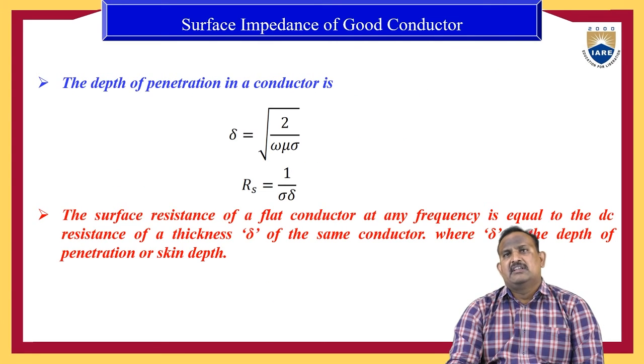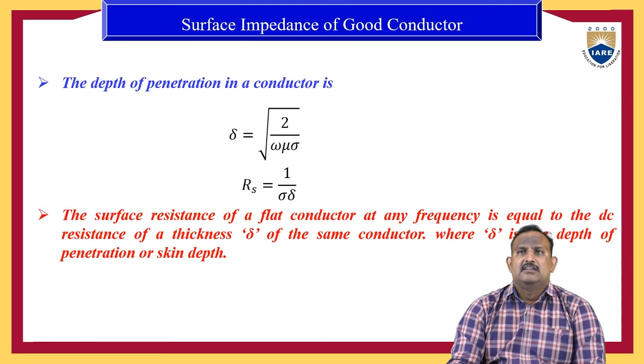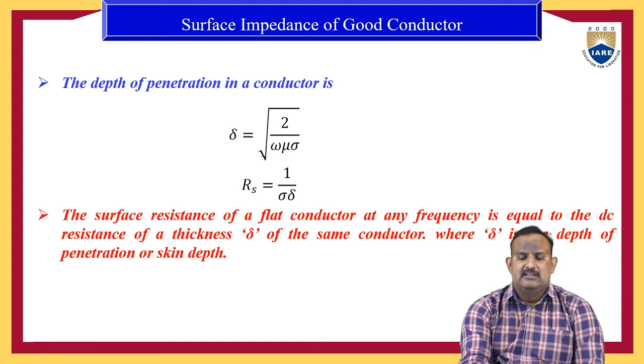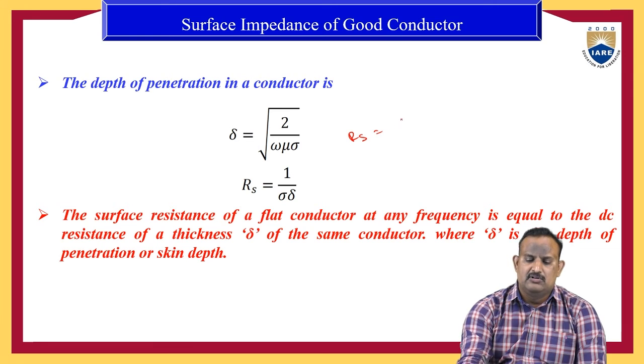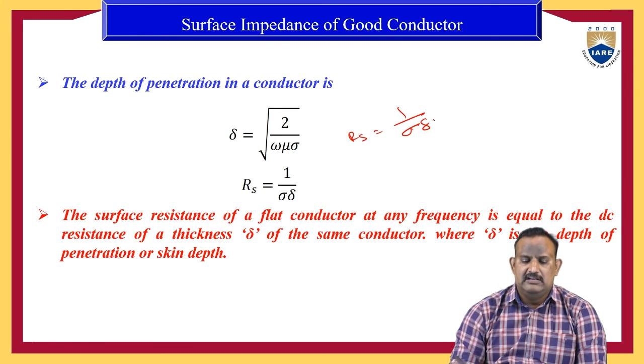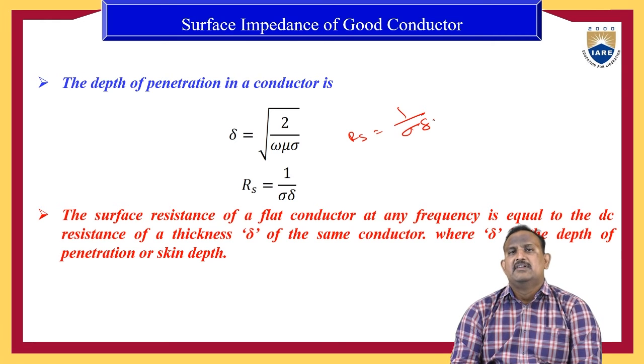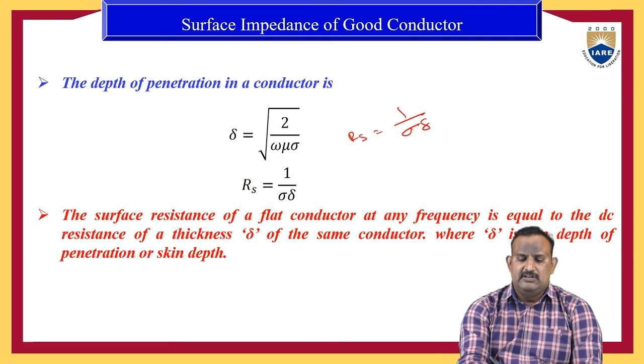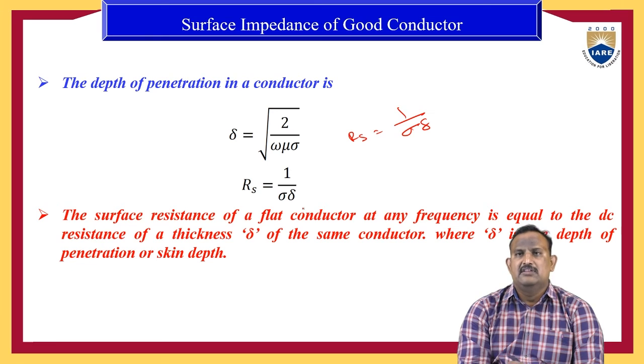And the depth of penetration in a conductor is delta equal to root of 2 by omega mu sigma. And here the resistance Rs is equal to 1 by sigma into delta. So here we just need to substitute in the equation.